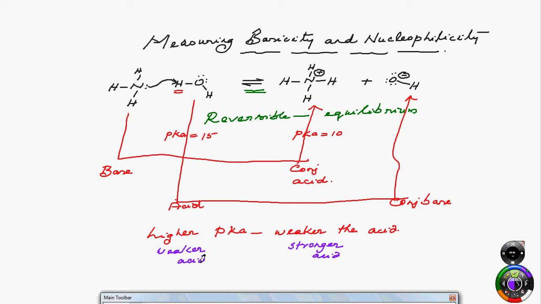By the same argument, you can say NH3 is a weaker base. Stronger acids make weaker conjugate bases, or weaker bases make stronger conjugate acids. So we are coming to a conclusion that NH3 is a weaker base based on the pK values.